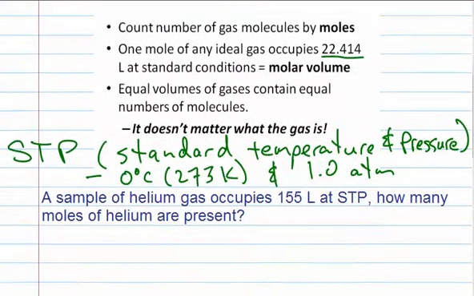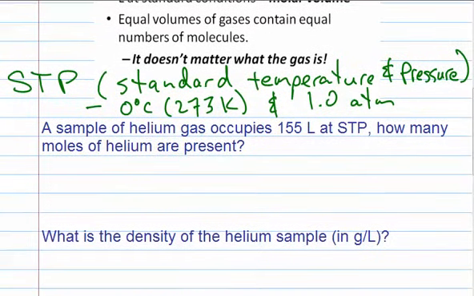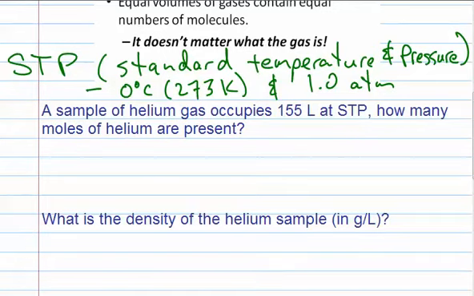So this is a pretty useful relationship because at STP it's very simple for us to relate the volume and the number of moles. So let's say we have a sample of helium gas, and this gas occupies a volume of 155 liters at STP. Again, it really doesn't matter what gas we're talking about, but in this case we've got helium.